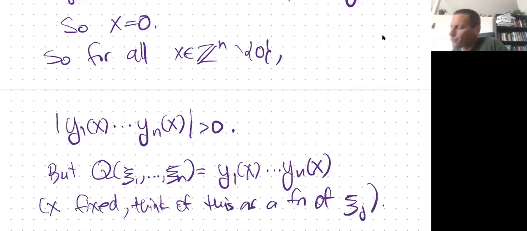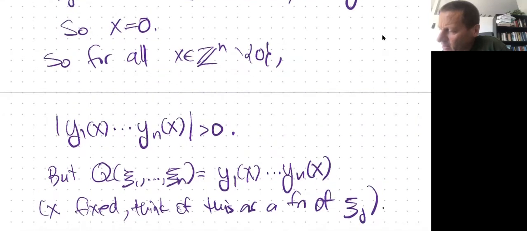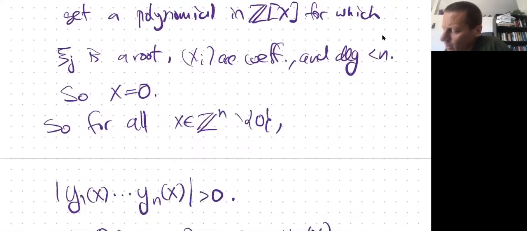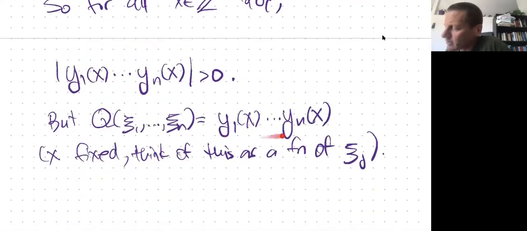Well, what happens if we permute the Cj's? By this formula, the dependence of yj on Cj is just that Cj determines it completely. And so if we permute the j's, we're permuting the yj's. And if we permute the yj's, we don't change the value of this product. And so this is a symmetric expression in the Cj's.